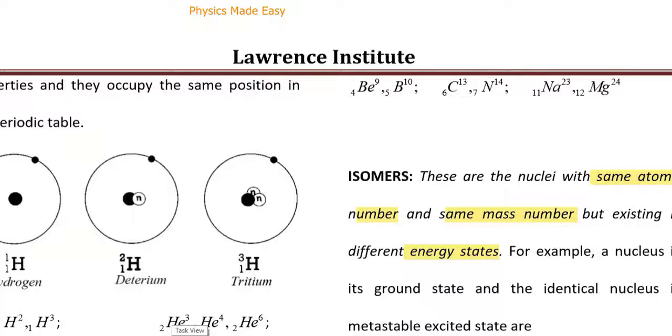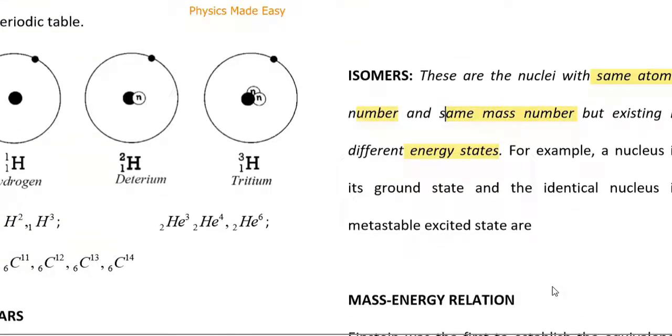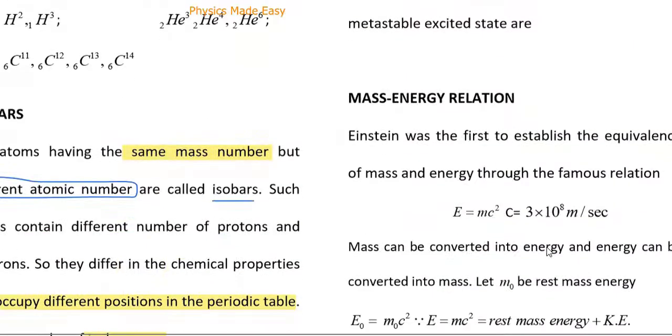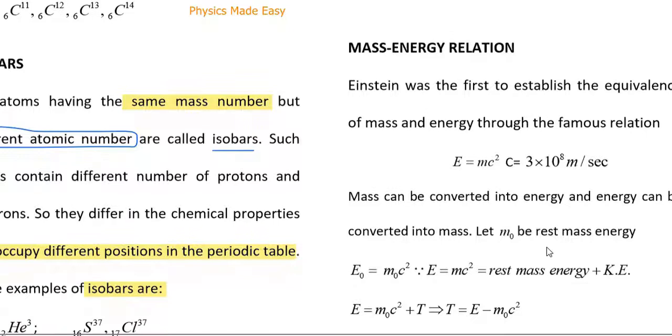For example, a nucleus in its ground state and an identical nucleus in its metastable excited state. They are isomers.